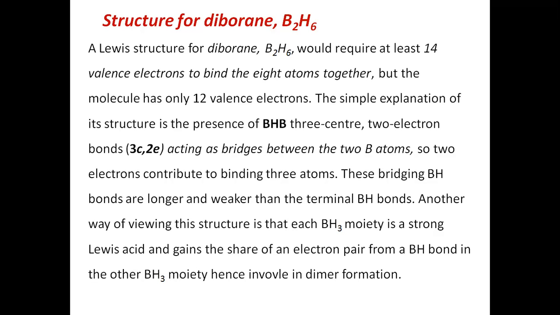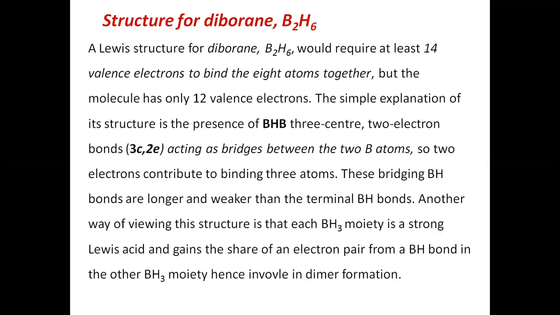BH3 is an electron deficient compound, and we know all electron deficient compounds are called Lewis acids, meaning they are electron acceptors. Any compound having an incomplete octet acts as an electrophile, electron deficient species, or Lewis acid.